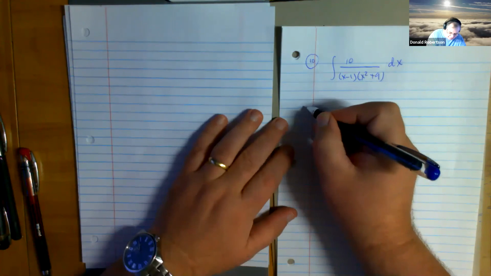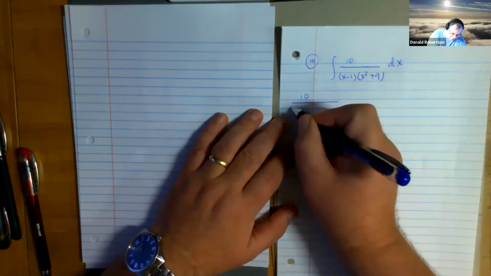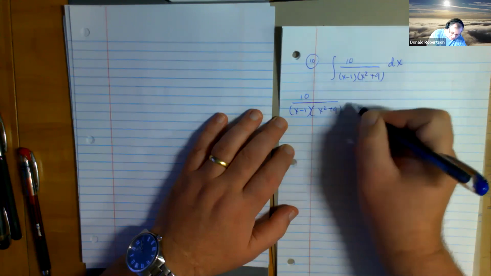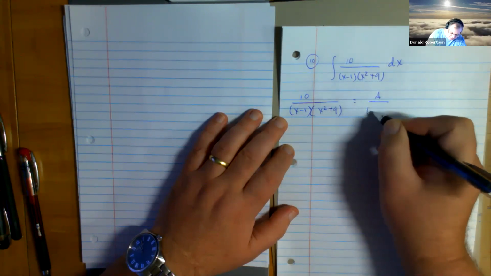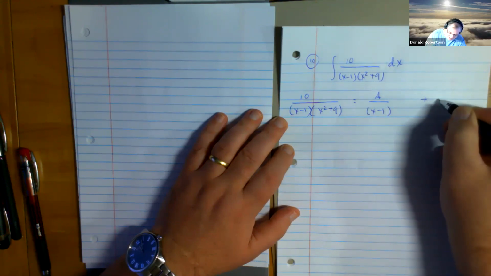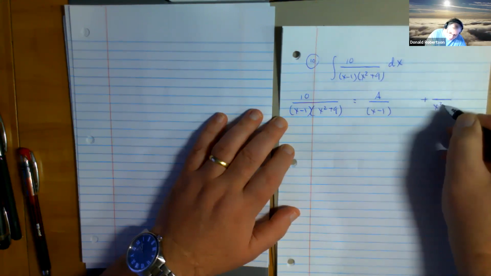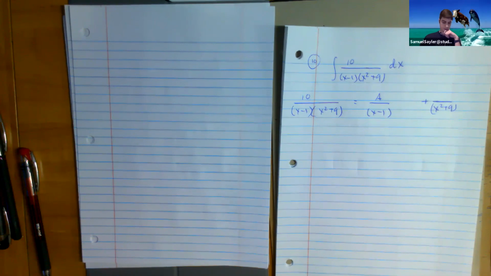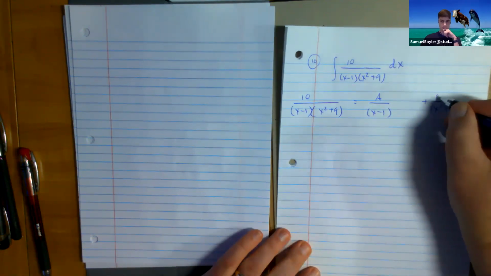So I'll take the original and break it into its baby fractions. And that's going to be a over x minus 1. And who shall I put above x squared plus 9? bx plus c. Okay, so that's not where you went wrong.